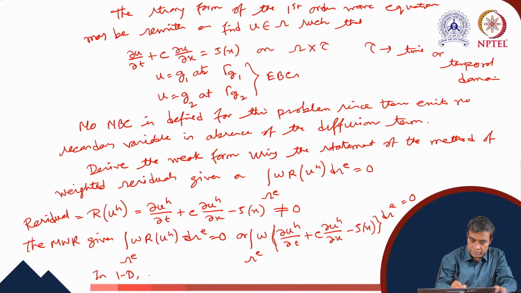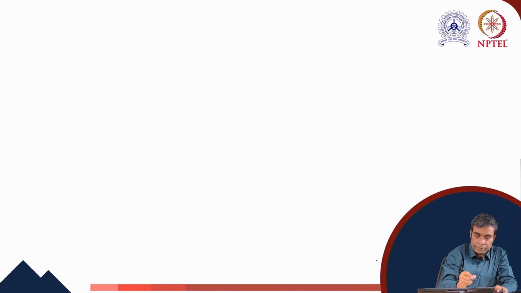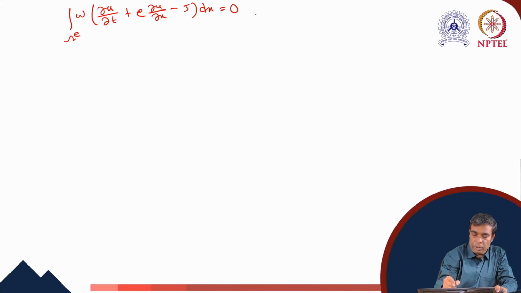In one dimension, we take d omega e equals to dx. So dropping the superscript h, we get integration over omega e of w into (del u del t plus c del u del x minus s) dx equals to 0.